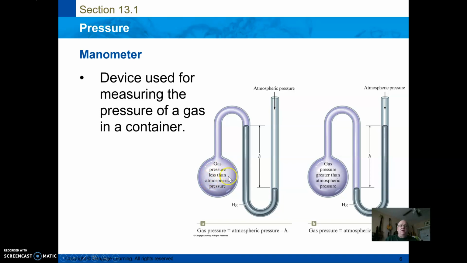You put so much pressure into this, and it's going to push the mercury so far, right? Against atmospheric pressure. If you put more gas, more pressure inside this chamber, it's going to push it farther, and you can measure the distance. You can get really precise. This is a very basic, very early manometer.